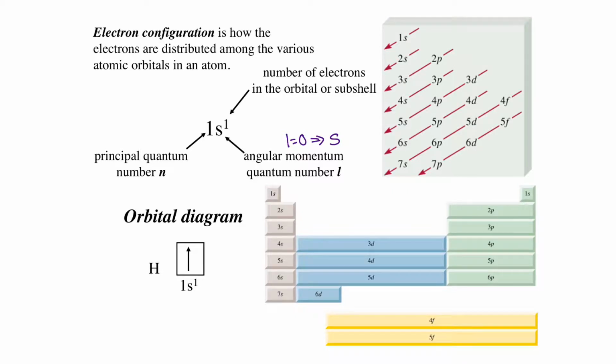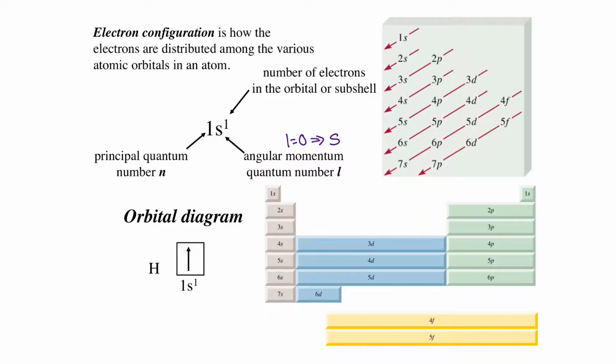The last part of your electron configuration notation is this superscript that comes after the orbital label, or your angular momentum label, I should say, which is representing the number of electrons in that orbital or subshell. So this is where you have to remember how many different types of each orbital you can have.